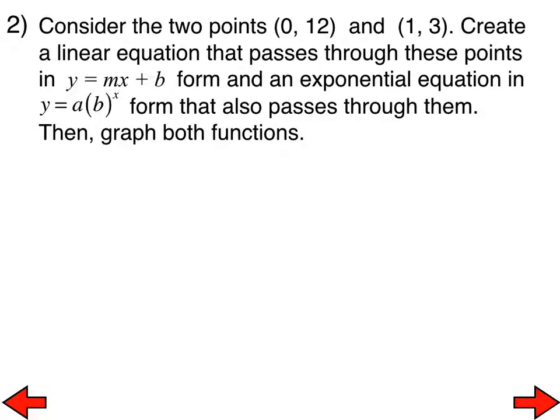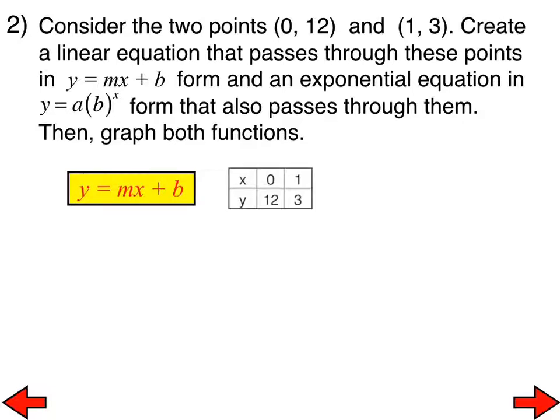Then graph both functions. So in some respects, it's like you have this little table right here. And since I stopped at two ordered pairs, we can come up with a linear equation that goes through those two points and also an exponential equation that goes through both of those points. Go ahead and find an equation for each.